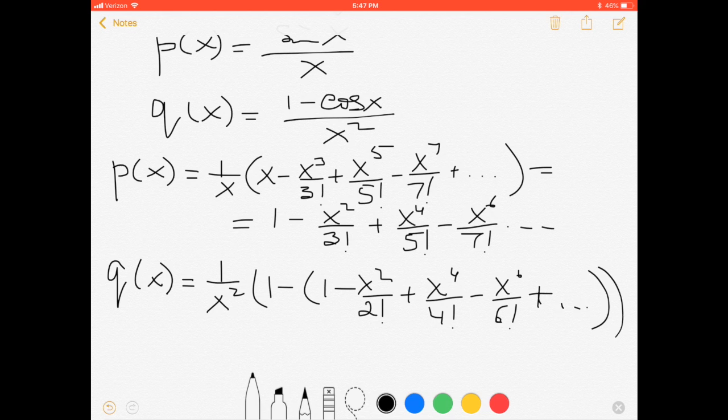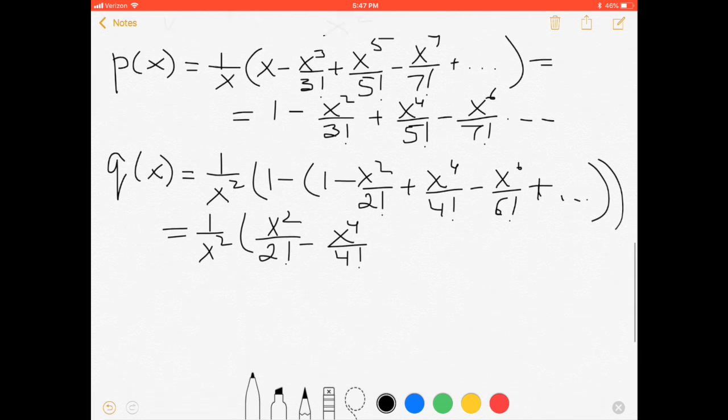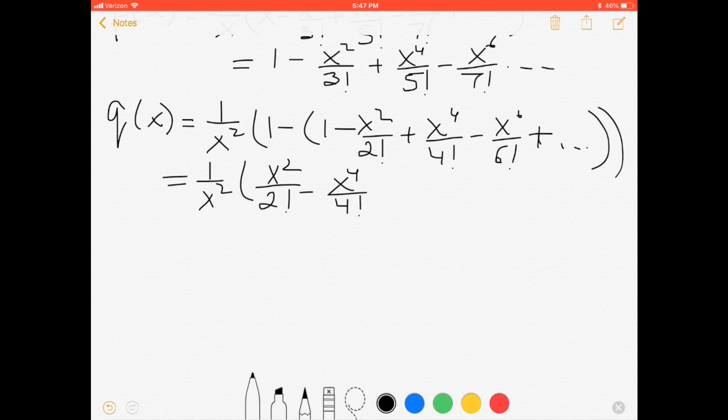If you distribute inside the parentheses, you have 1 over x squared times x squared over 2 factorial minus x to the fourth over 4 factorial plus x to the 6 over 6 factorial.